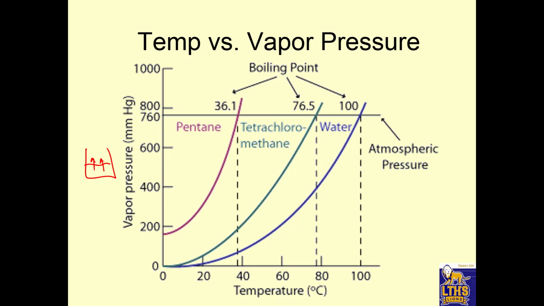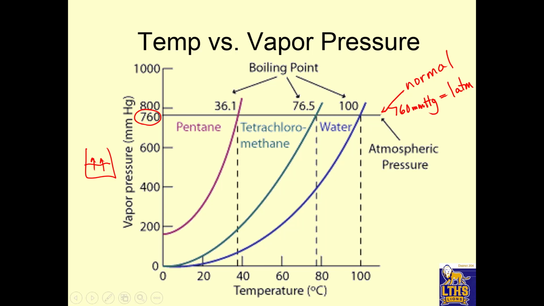So you can see when the vapor pressure equals 760 millimeters of mercury, that's the pressure unit, equal to 1 atmosphere. So this is normal. And it's going to boil when the vapor pressure equals this 760. That's when it'll boil. So water boils at 100 degrees when atmospheric pressure is 1 atmosphere, which is 760.